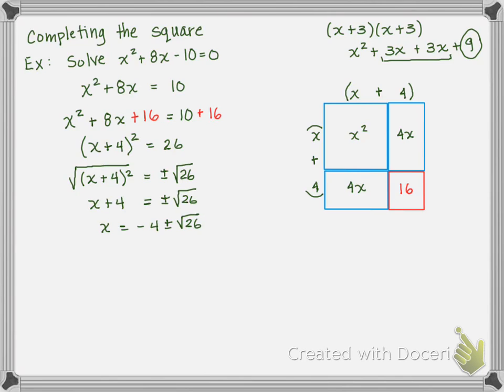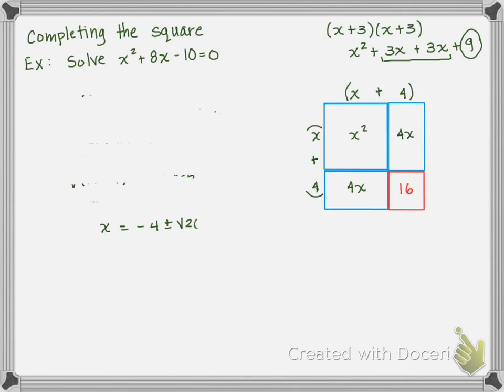So let's generalize the process we use so we don't have to draw a square every single time. So what we did was we started with an equation of the form x squared plus bx plus c.